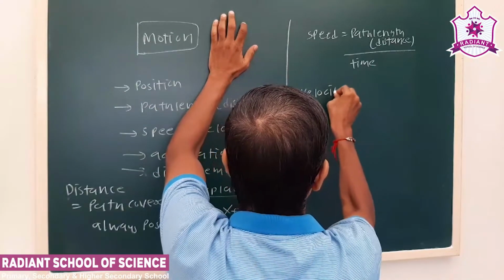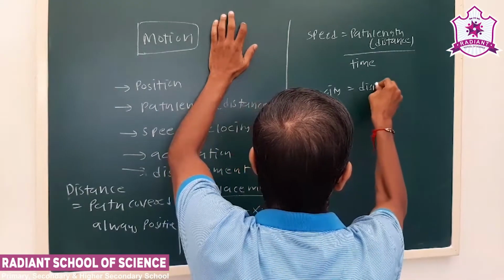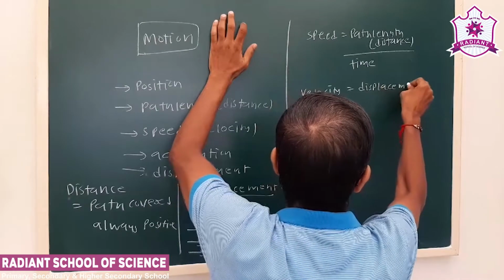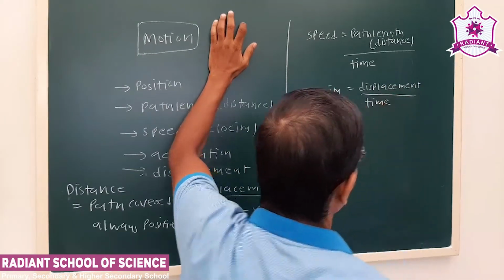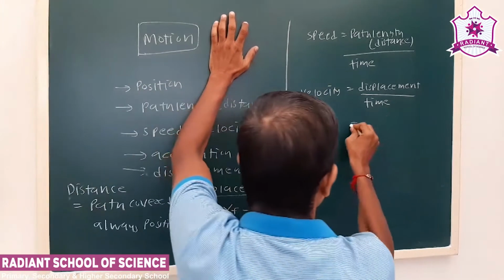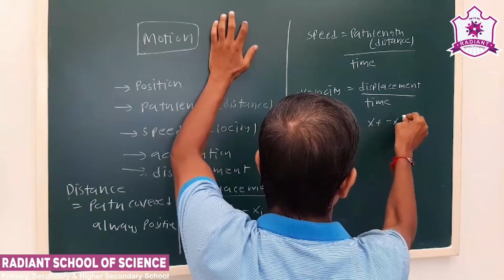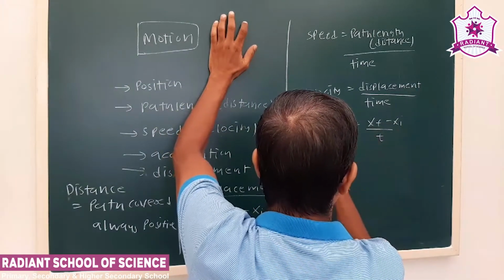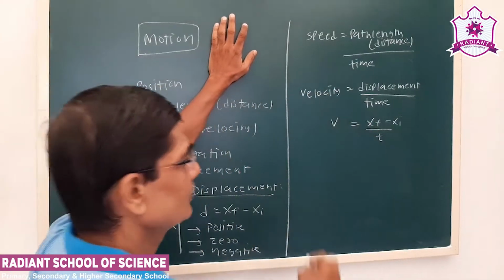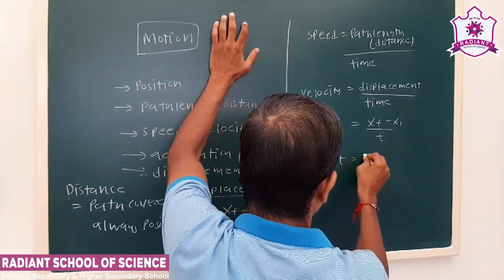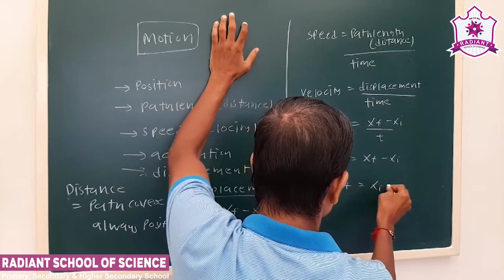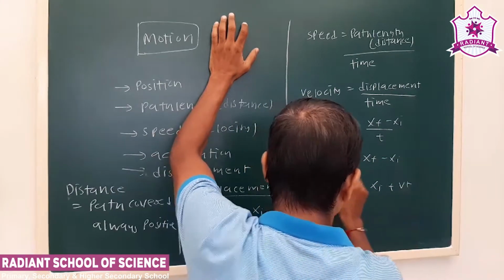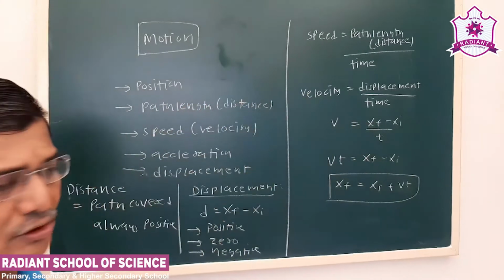Velocity is displacement upon time. Displacement we have seen is xf minus xi. Velocity we call as v, so vt is xf minus xi. That can be a useful relation.